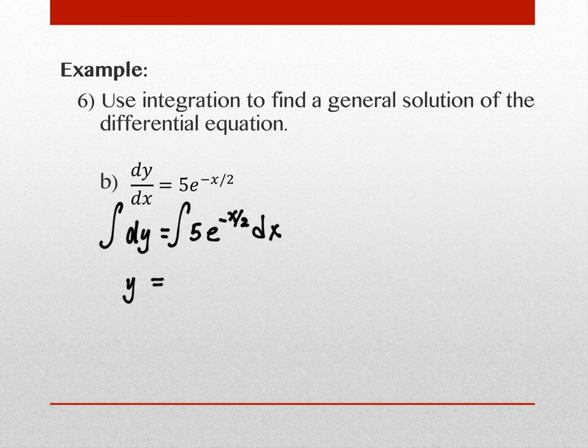All right, what about the right-hand side? What do you see? U substitution, right? Okay, what's u going to be for this one? Negative x over 2. What is the derivative of negative x over 2?